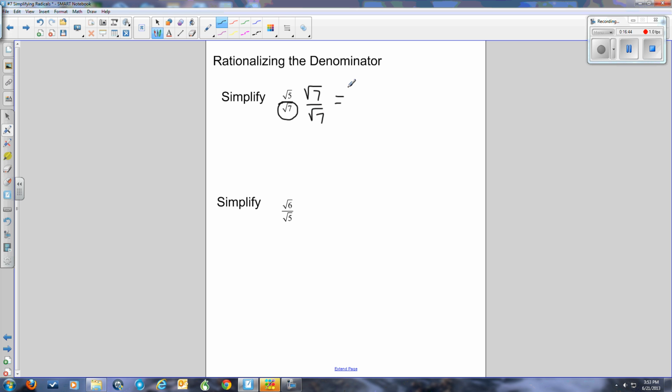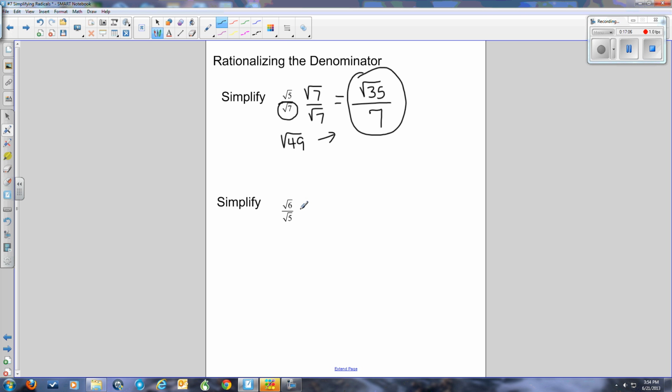So when you do that, square root of 5 times square root of 7 gives you the square root of 35. Square root of 7 times the square root of 7 is just the number back. It's 7. Because if you actually did that out, you have the square root of 49, which just gives you the 7. And we can't simplify the square root of 35 anymore.